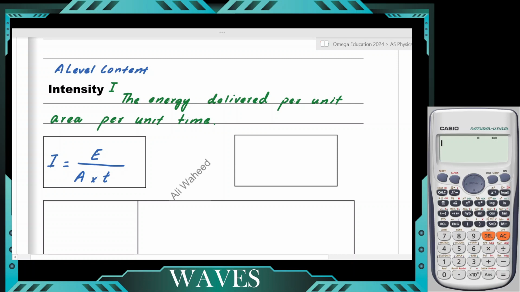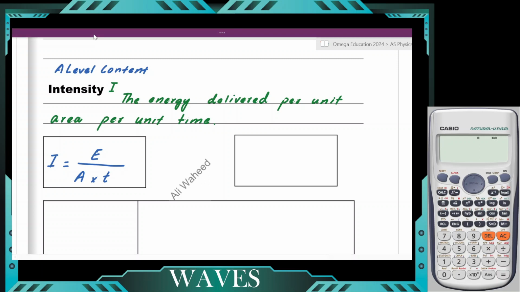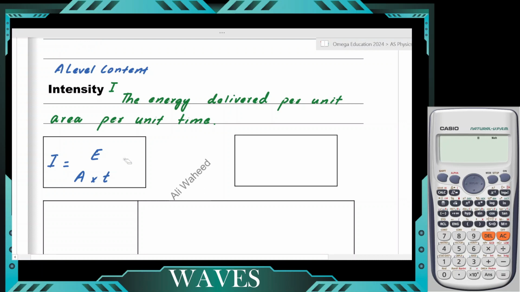So both area and time would be in the denominator with respect to the energy. The formula is exactly the same as the description. So if you just memorize the formula, you can write down the definition as well.